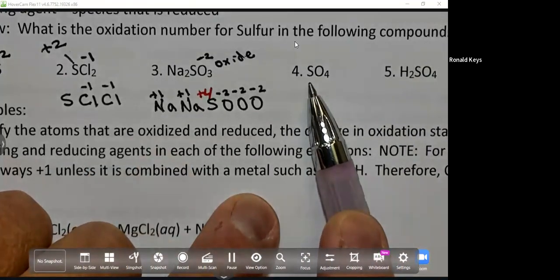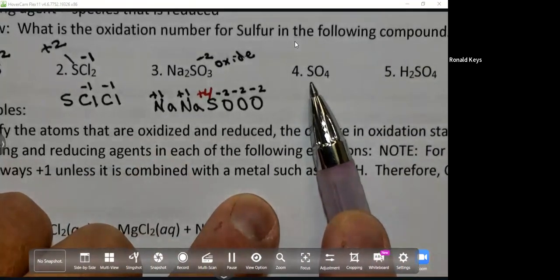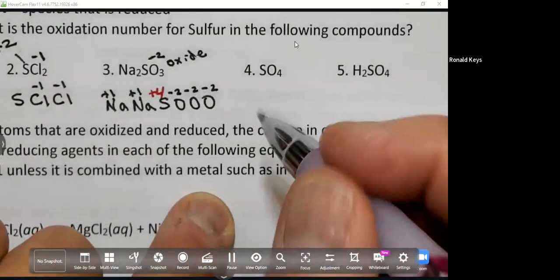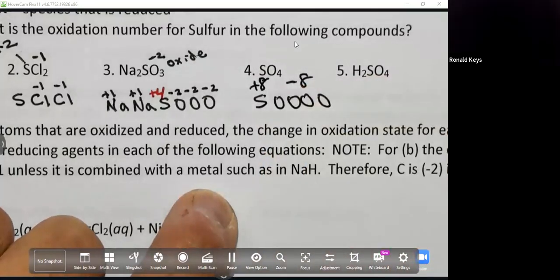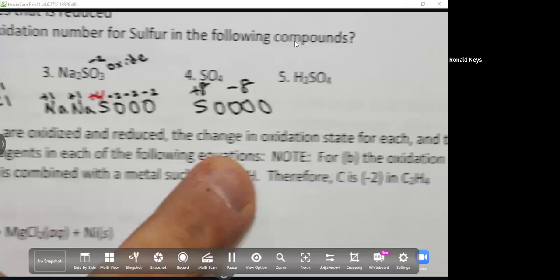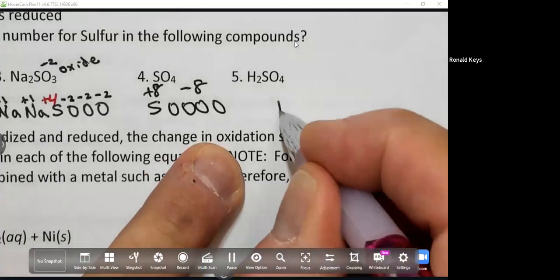What's my sulfur charge here? +8, right? Oxide's always -2, -8. That had to be +8. What is my sulfur charge here?